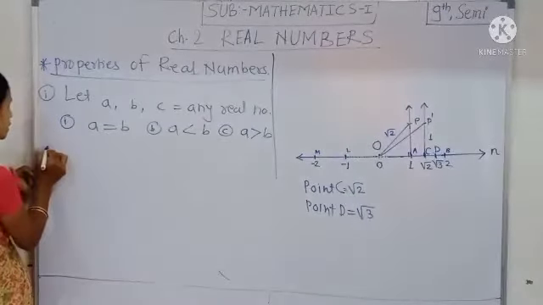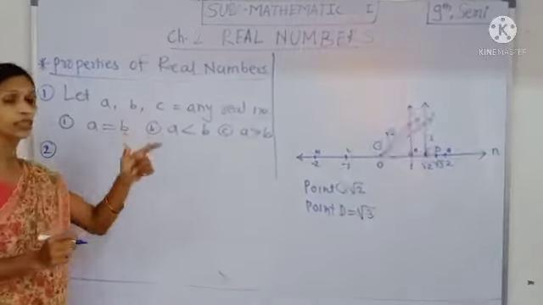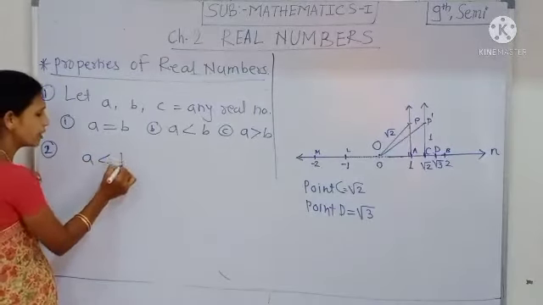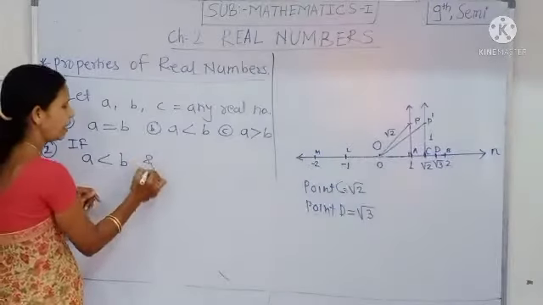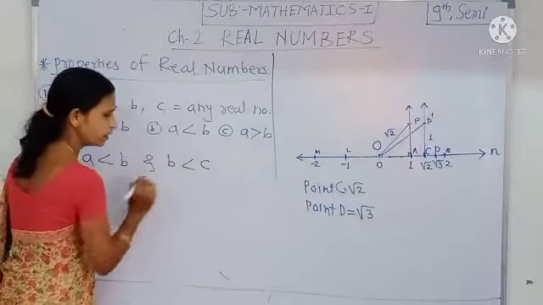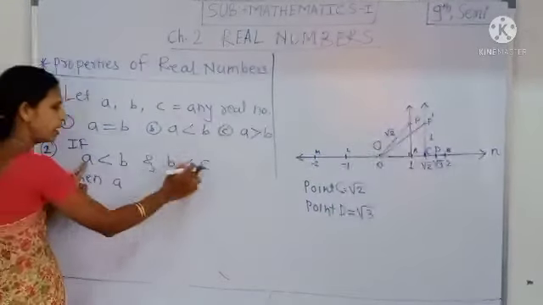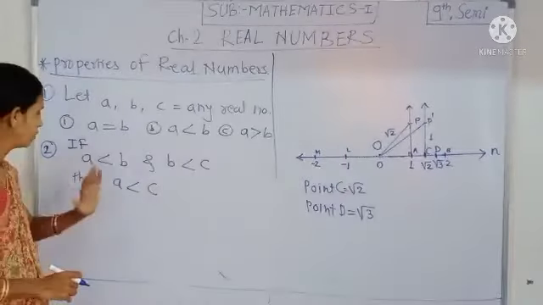One more property: if A, B, C are any real numbers, then if A is less than B, and B is less than C, then A is less than C. That is one of the properties.